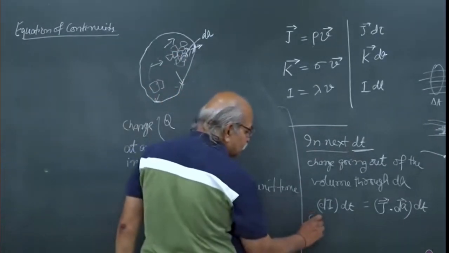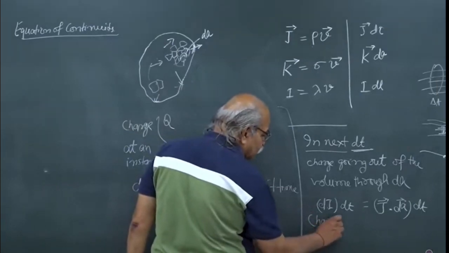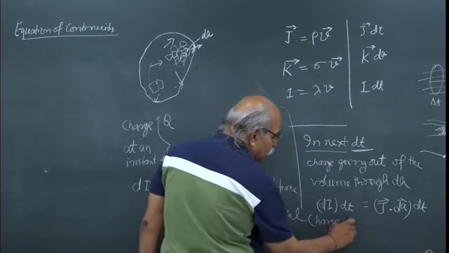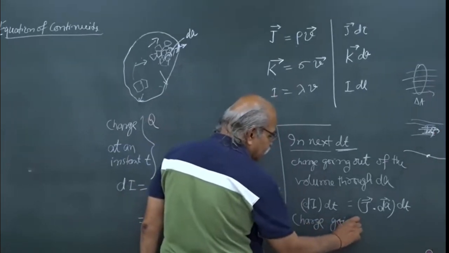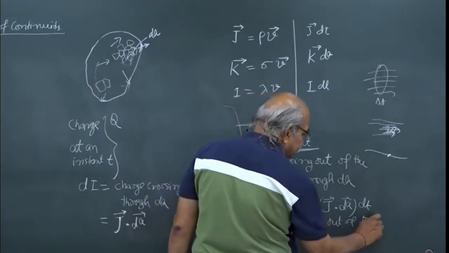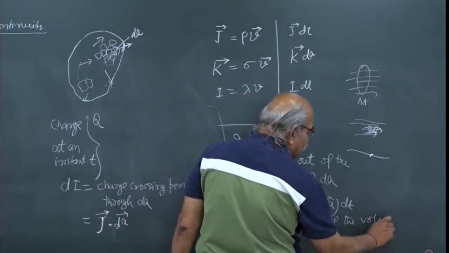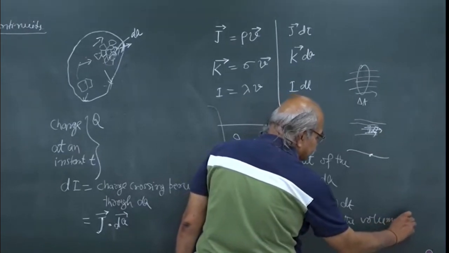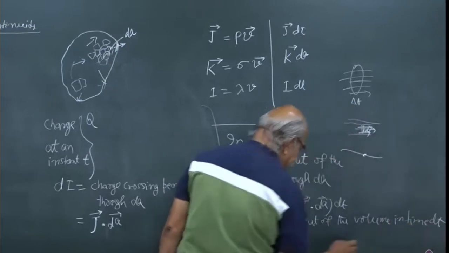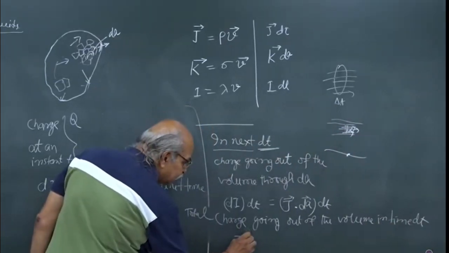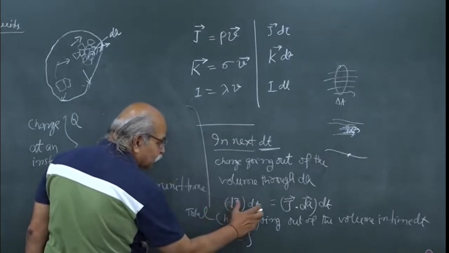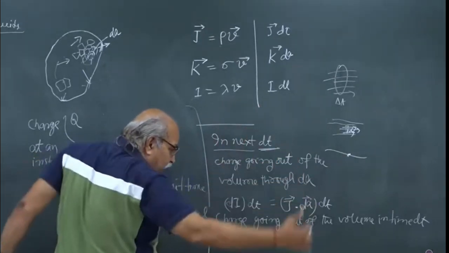So the total charge going out of the volume in that time interval dt will be the integration of this thing. This is your charge going through dA, and then the entire surface.